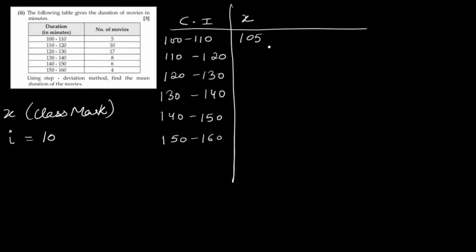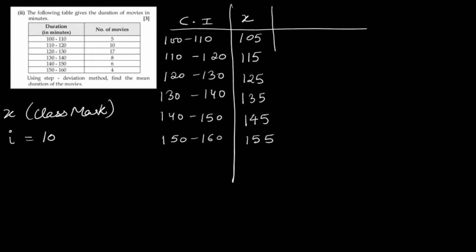So you can just add the class size to the first class mark and you will get the next one. 105 plus 10, it's 115. 115 plus 10, 125. 125 plus 10, 135. 135 plus 10, 145. And 145 plus 10, 155.